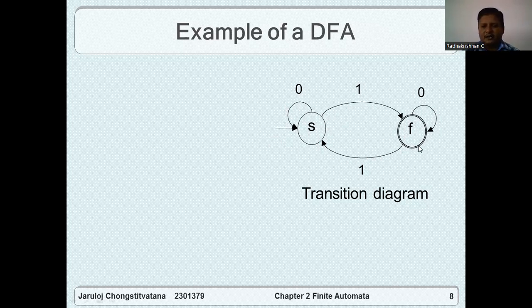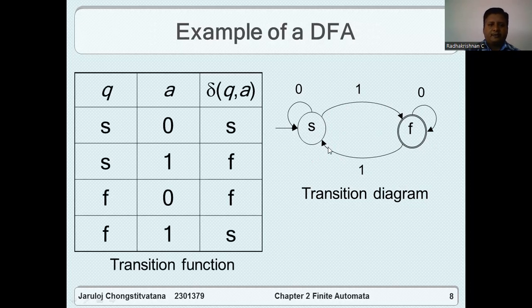It looks like an ordinary graph, and a graph has nodes and edges. Similarly, here nodes represent states and edges represent transitions on input.